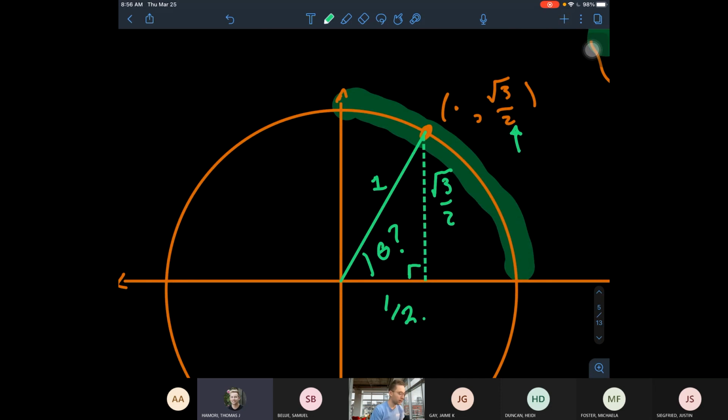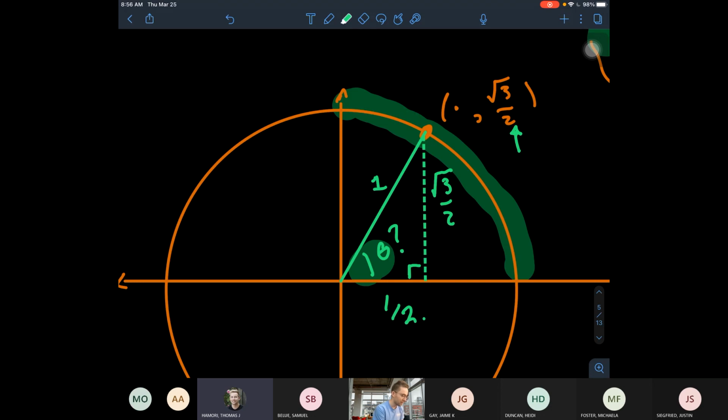Now we have this triangle here. And remember, we want to know what is this angle which is inside of this triangle. The side lengths of this triangle look awfully familiar. In fact, this triangle might even be a triangle which we know the angles on the inside of.